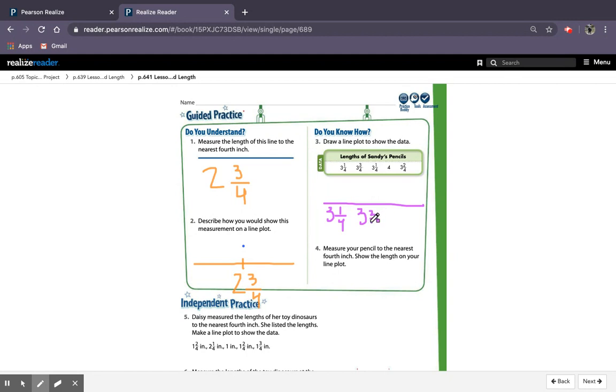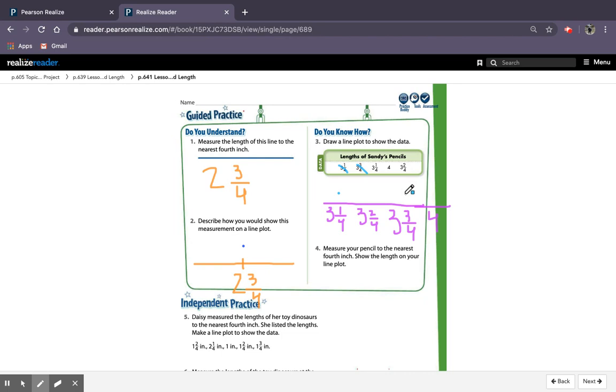And I'm not realizing my line plot's probably not big enough, so I'm going to have to extend it a little bit, which is fine. 3 3/4, and then 4. And as you can see, mine's a little messy. If yours looks like that, that's fine. And then I'm just going to look at the numbers that they give me. So I see one of them is 3 1/4. I'm going to cross it off and mark it.